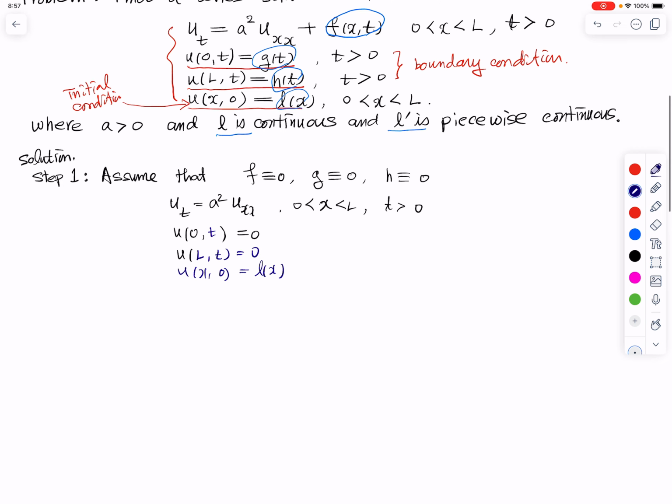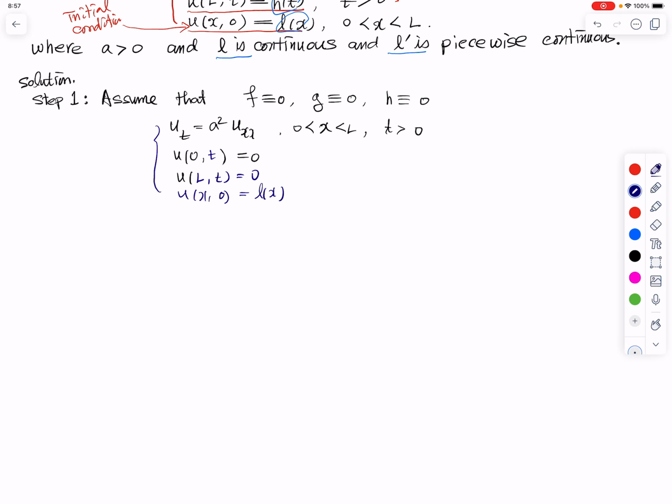You see that this is exactly the problem we already solved at the beginning, so let me quickly review. In my previous lecture, I explained how to solve this equation. Step one was to look for a separation of variables solution, u(x,t) equals X(x)T(t).